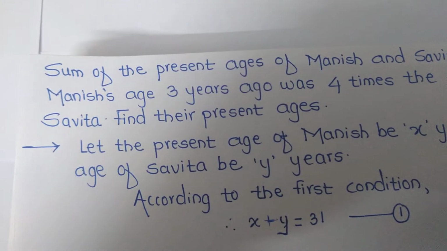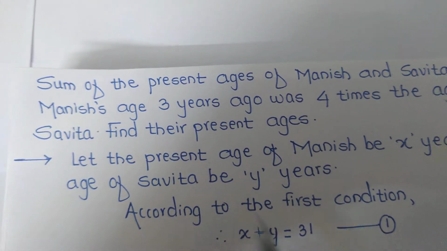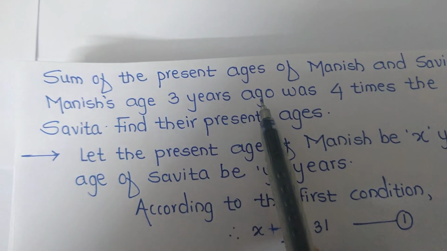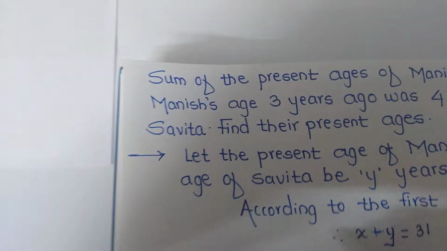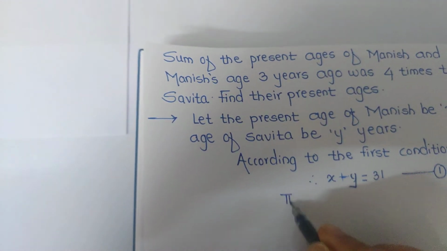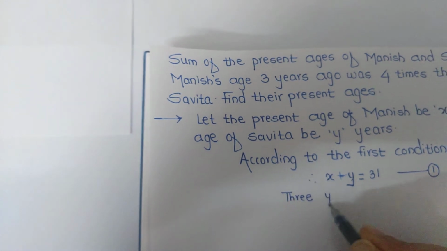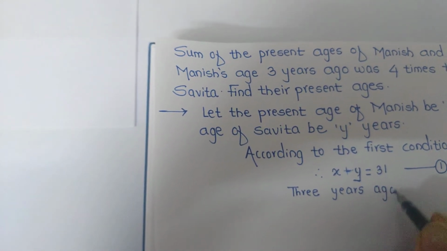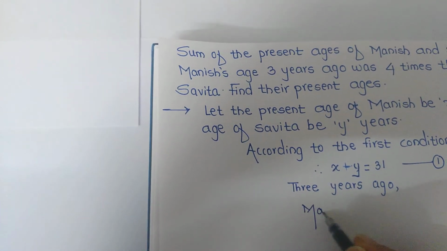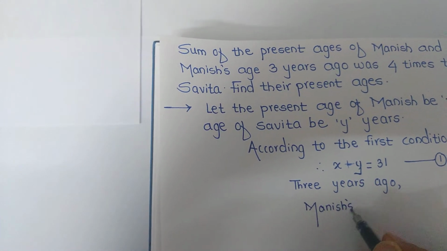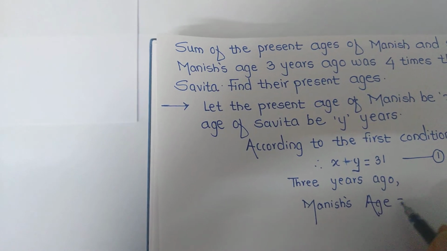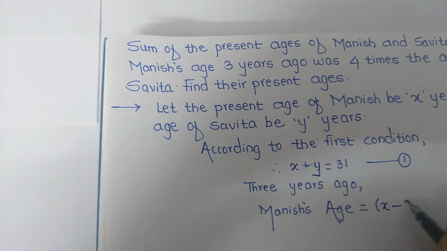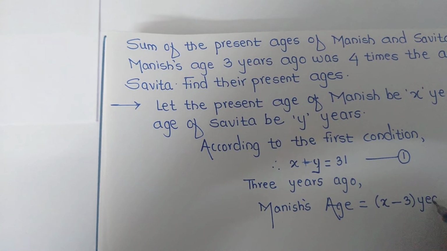Now for the second condition, let us read the problem further. Manish's age 3 years ago. So 3 years ago, Manish's age was... From present age, which we have considered x, we have to subtract 3 because we are calculating the age 3 years ago.